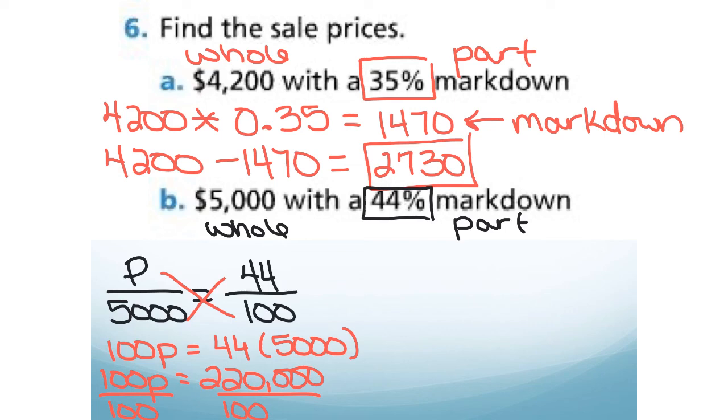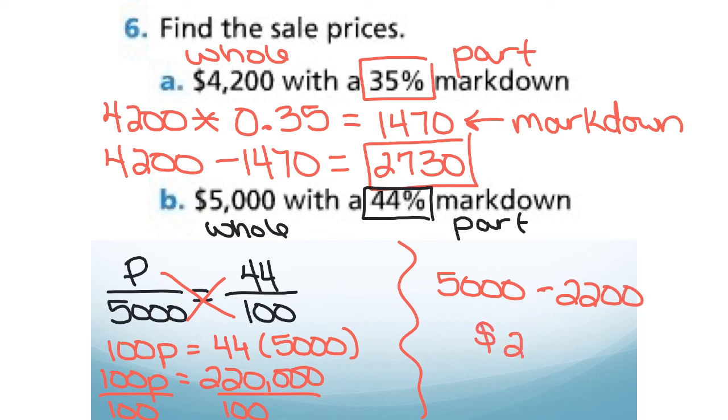The 2,200 represents my markdown, and since my problem asked me for the sale price, I need to finish my problem using subtraction. The original price of 5,000 minus the markdown of 2,200 will give a final sale price of $2,800.